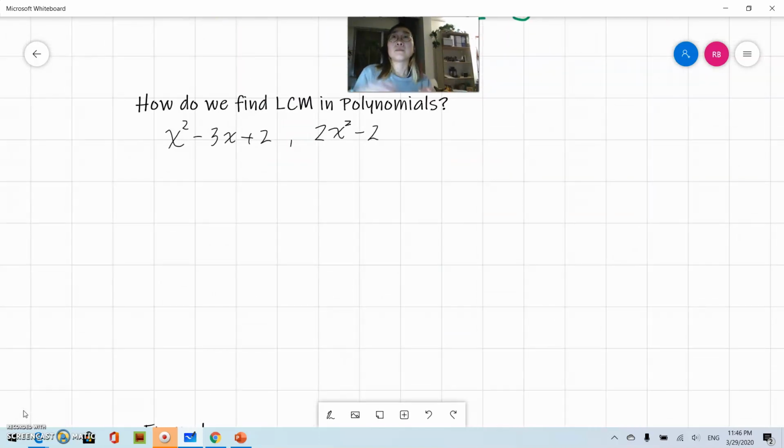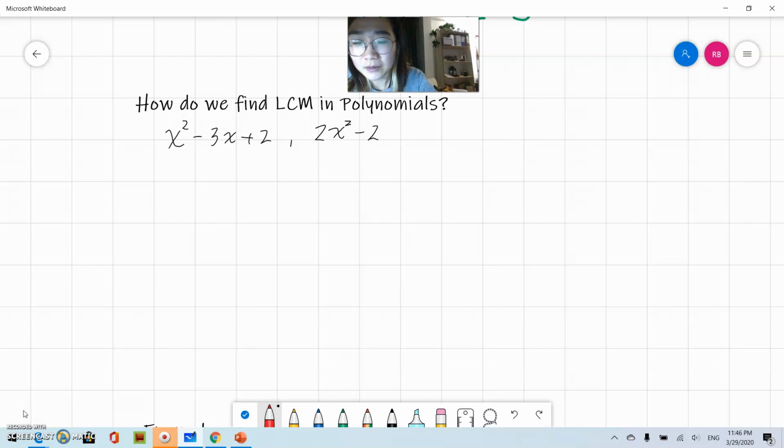Even the regular numbers have a factor tree and you find the prime numbers, right? For polynomials, we write factors, okay? So you need to factor first. So this one, two numbers that multiply to 2 but add to negative 3. So it factors into x minus 1 times x minus 2.